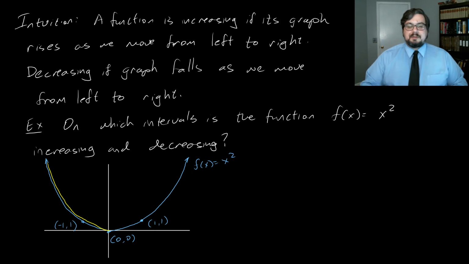So let's stop there and see what we can say about this. On the part of the graph that I've highlighted in yellow, we say that the function is decreasing because the function is falling as we move from left to right. If I look at a point with a higher x value, it will have a lower y value.